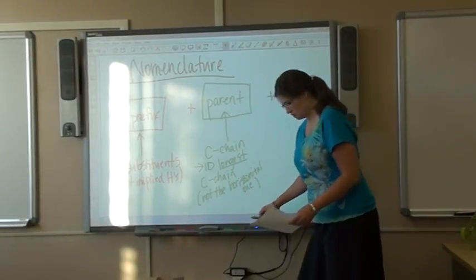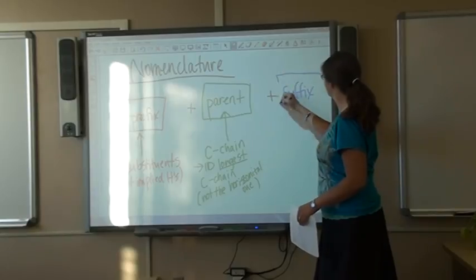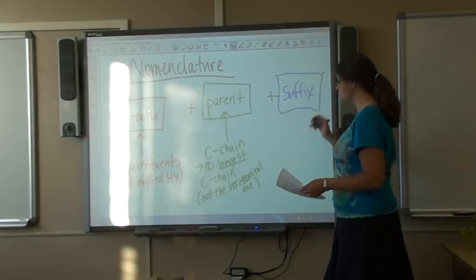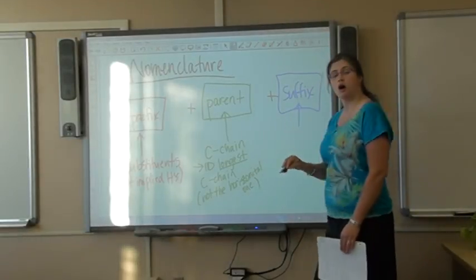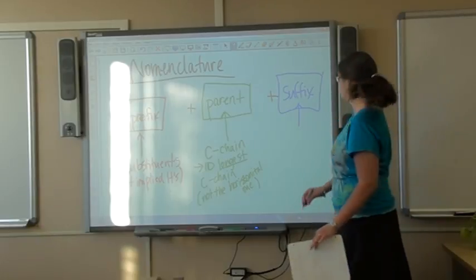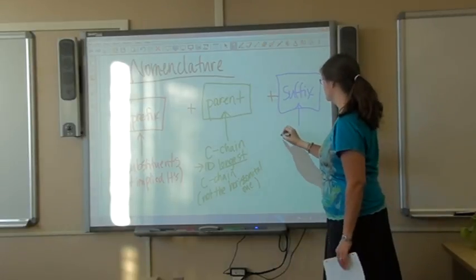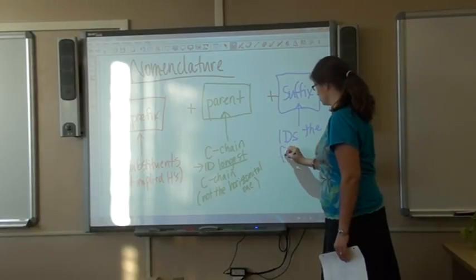And then the third group is the suffix. And the suffix is going to tell you, for all of the nomenclature, for all the different functional groups, for all the organic compounds, the suffix is what identifies what type of functional group you have.